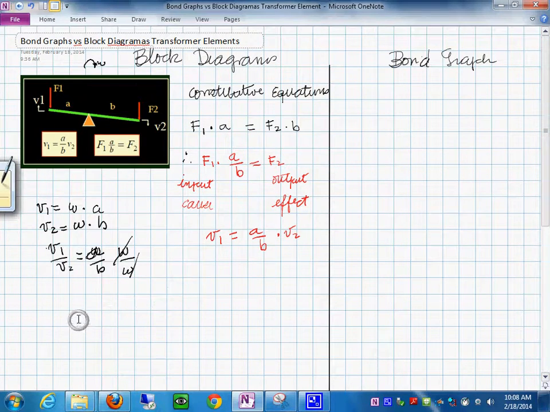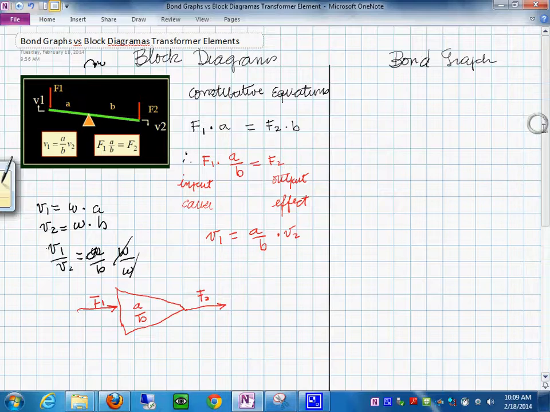So you have two of these. The first one, you can say, I have a signal in here that is F sub 1, and I am going to multiply this by a gain of A divided by B, and out of this is F sub 2.